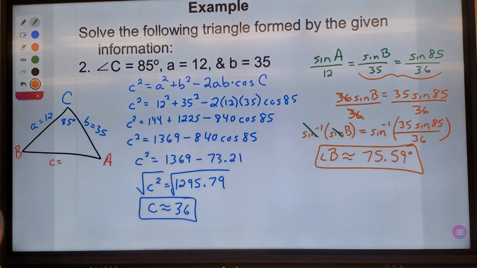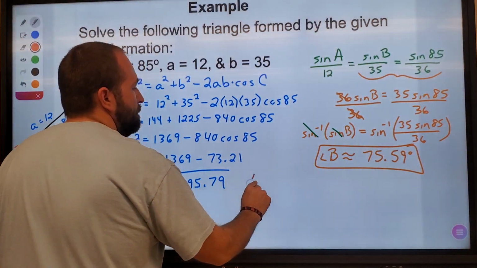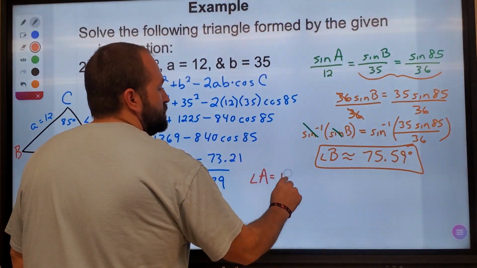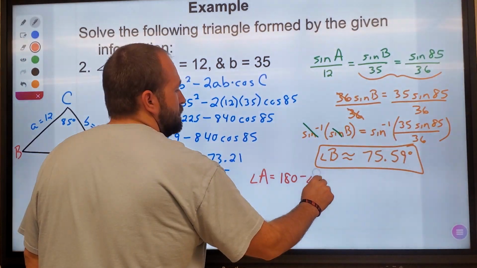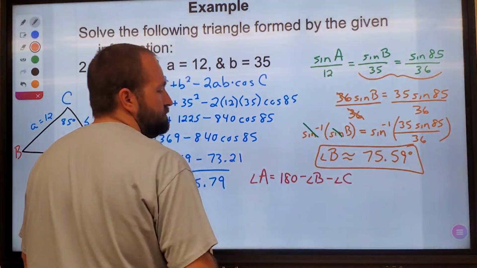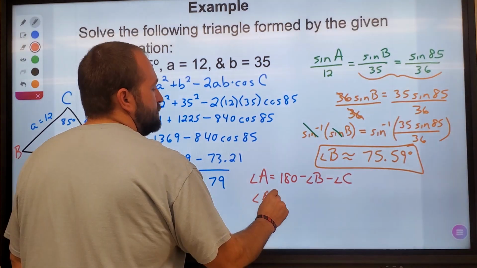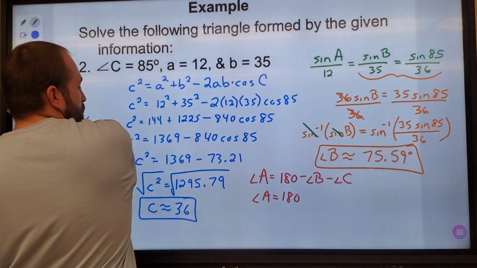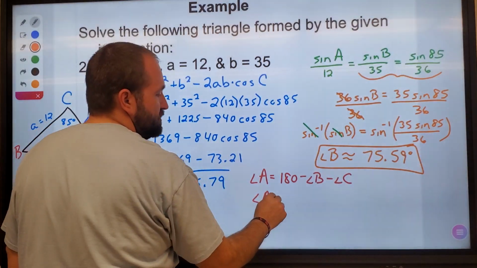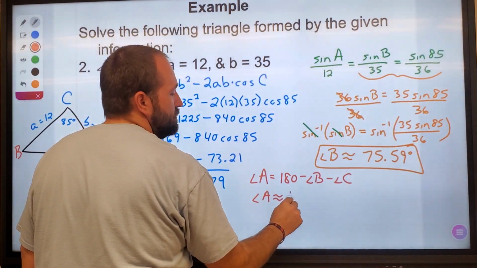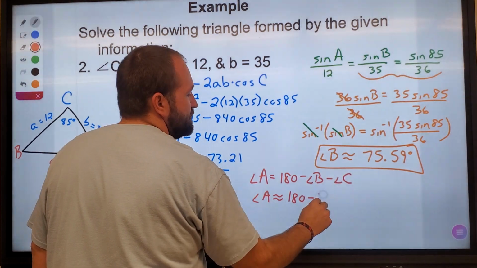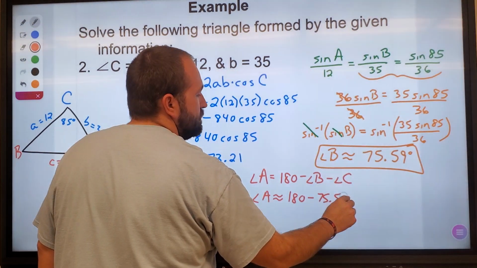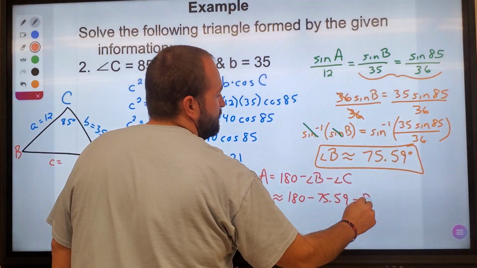Okay, and likewise, now that we have two angles, we can find a third angle by taking them away from 180 degrees. So I have angle A is 180 minus angle B minus angle C. So angle A is equal to 180 minus, let's go back here, angle A is approximately 180 minus the 75.59 minus the 85.